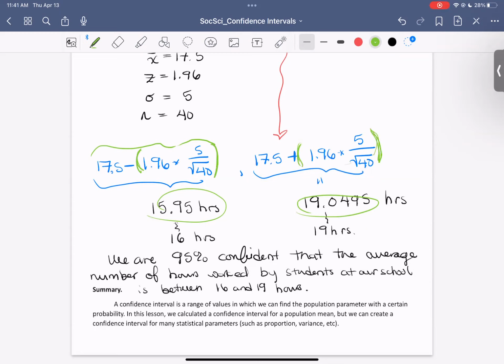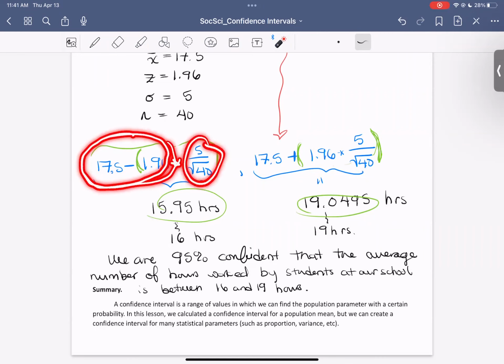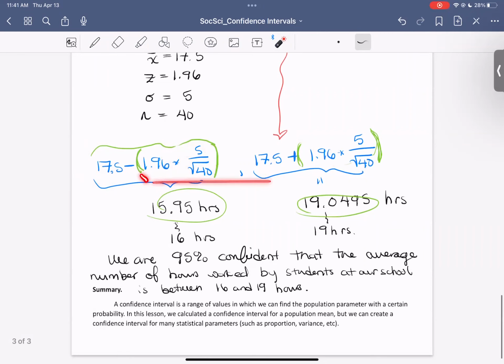If you enter in your calculator just straight across, so 17.5 minus 1.96, and then you do an enter or calculate equals, and then you multiply by this final fraction, your calculator is going to first subtract these and then multiply, which is not what we want to do. We want to first multiply and then subtract that from the 17.5. Same story here with the addition.